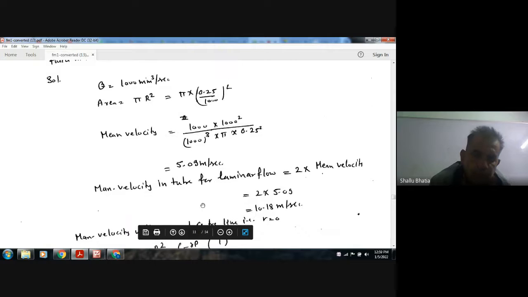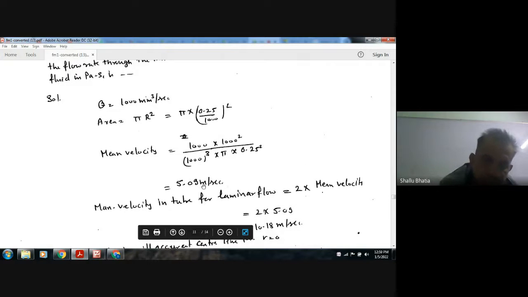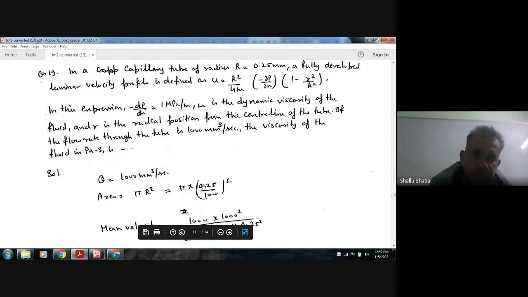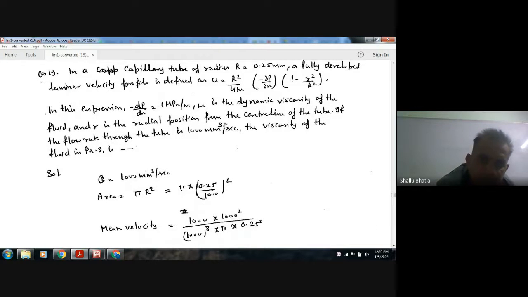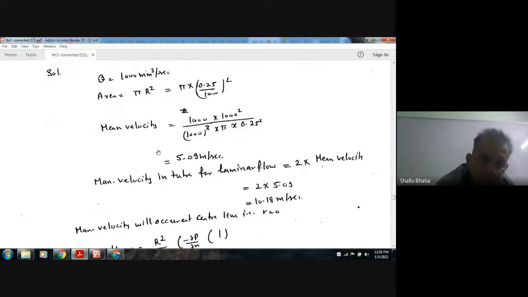This is the mean velocity, and for laminar flow the maximum velocity is twice the mean velocity, that is 1.4.